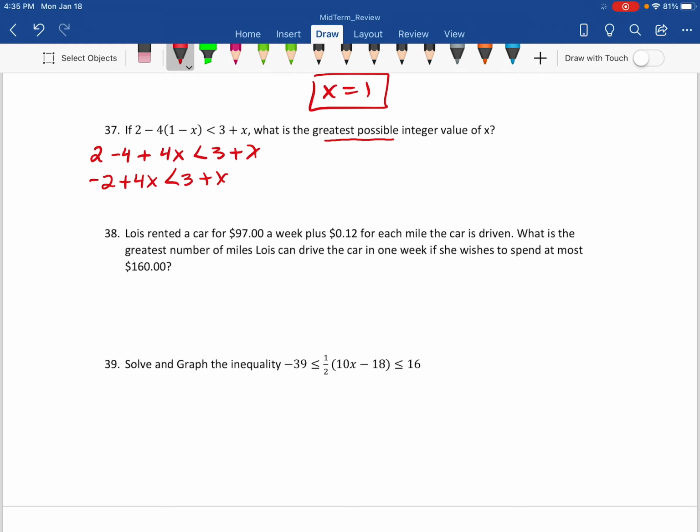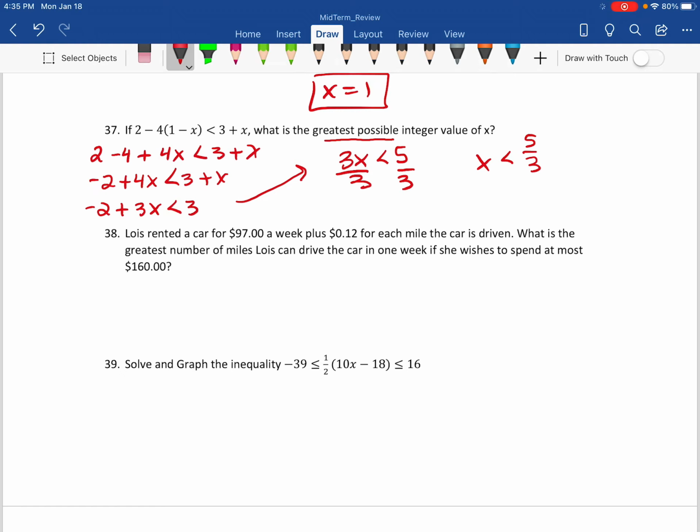So that's going to give me negative 2 plus 3x less than 3. I'm going to come over here so I have more room. I'm going to add 2 to both sides. So that's going to give me 3x less than 5. We're going to divide by 3. So x is less than 5/3.